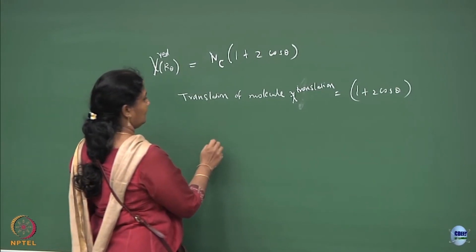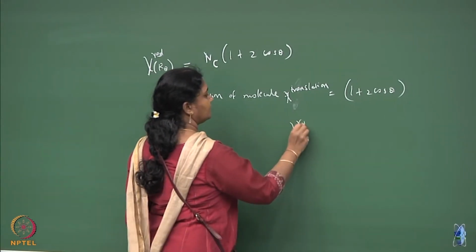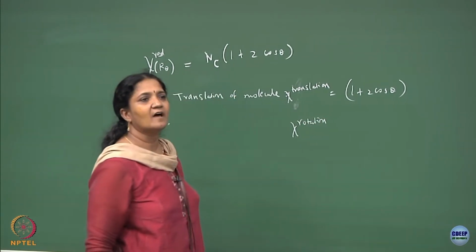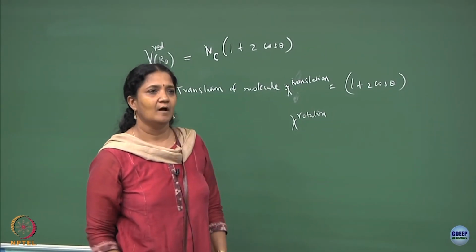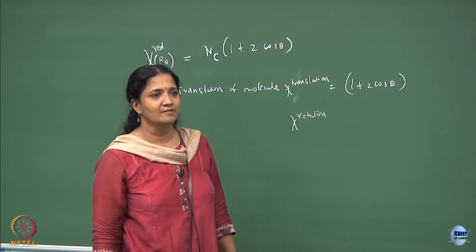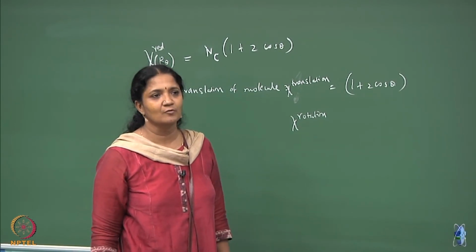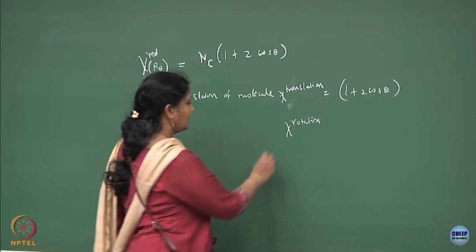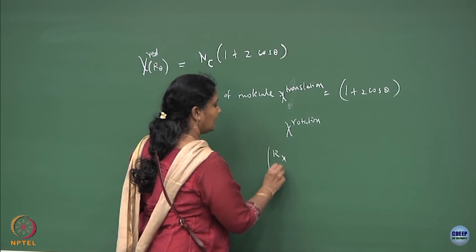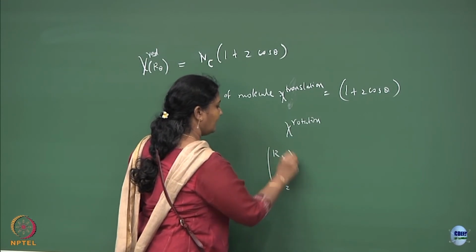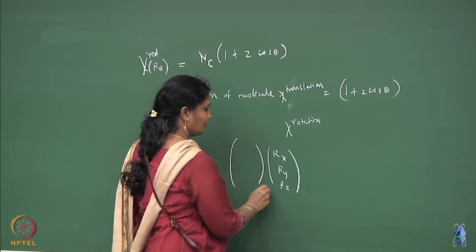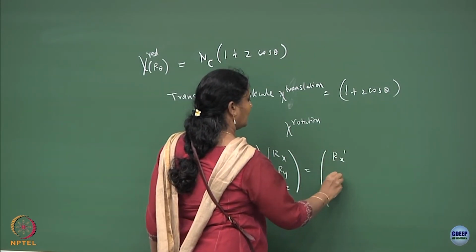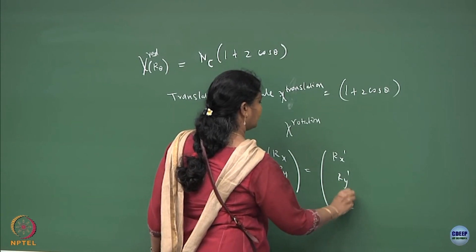Again you can write the character for rotation: you can take the Rx, Ry, Rz basis and see how it transforms under rotation. It will transform exactly like your position coordinates. Rotations are proper transformations, right? If you take Rx, Ry, Rz, the operation you do will give you Rx prime, Ry prime, Rz prime.